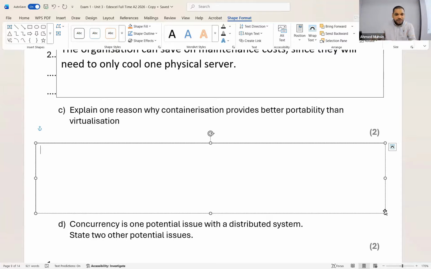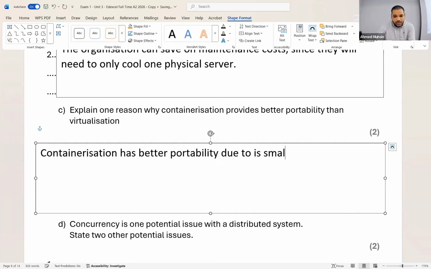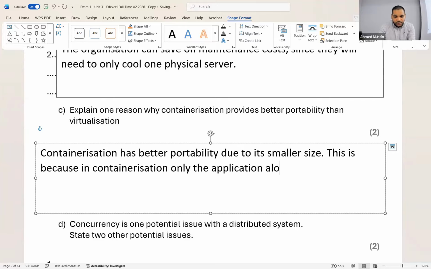Everyone okay with this? So shall we mention this over here? You can say, let's repeat the question again. Containerization has better portability due to its smaller size. This is because in containerization only the application along with all its dependencies are stored.